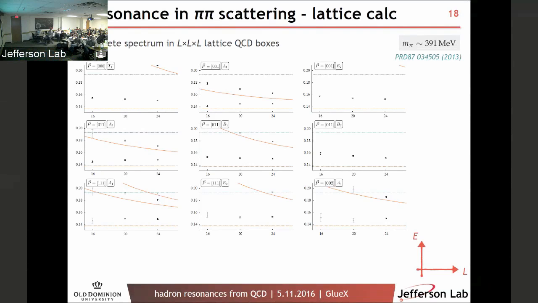What I envisage happening in the future, with something like JPAC, is you've got people who are getting to be experts at constructing these amplitudes that have good analytic properties and respect unitarity wherever possible. You will be using the same amplitudes to describe the finite volume lattice spectrum that you're using to describe the data. In that sense, you have as close to a like-for-like comparison between QCD and experiment as you can currently envisage. But definitely there's going to need to be a much higher level of integration of assets.